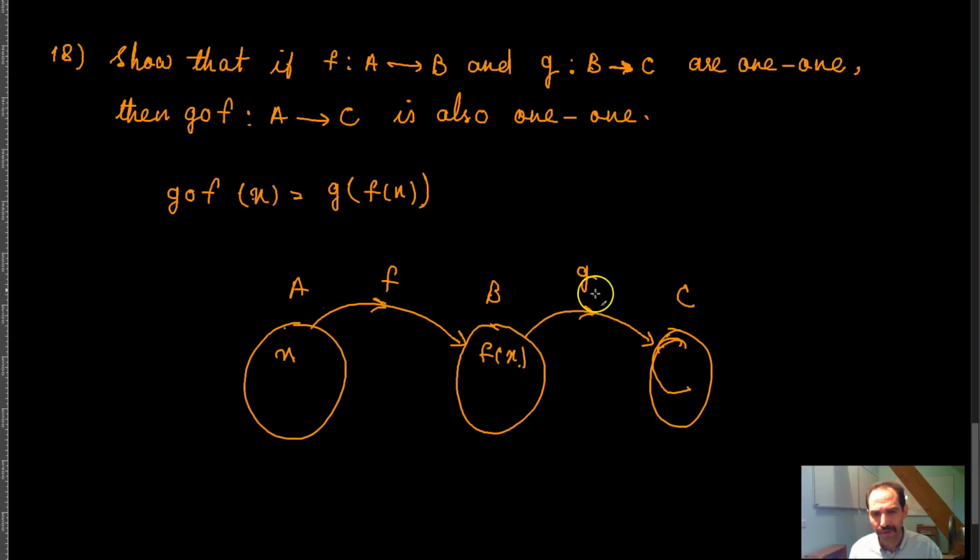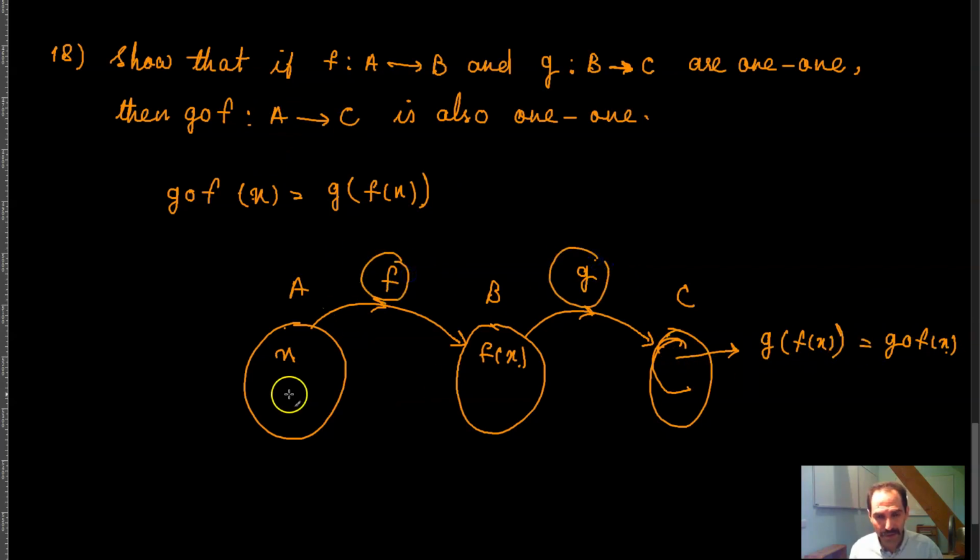And if you give f of x to g as an argument, it will give you g of f of x, which is denoted by g o f of x. Now, this g o f of x is the composition of f and g, and it's a function that maps the elements from A directly to the set C, meaning that this would be g o f of x, right?